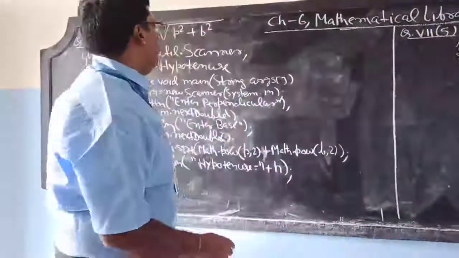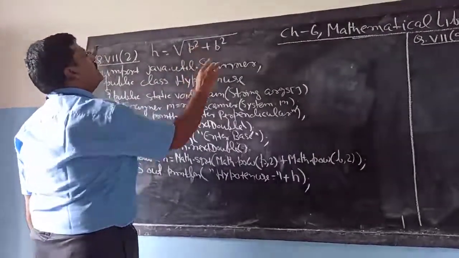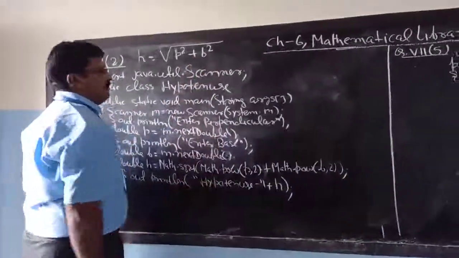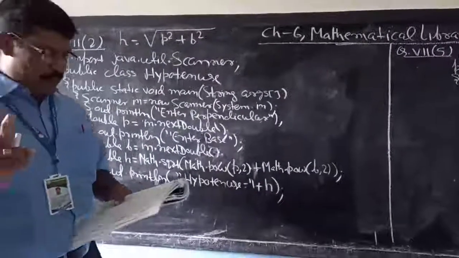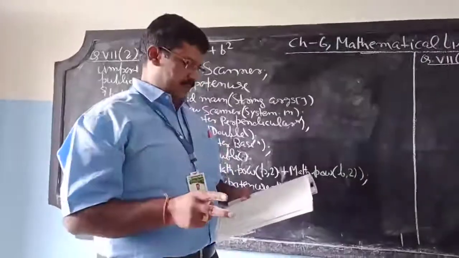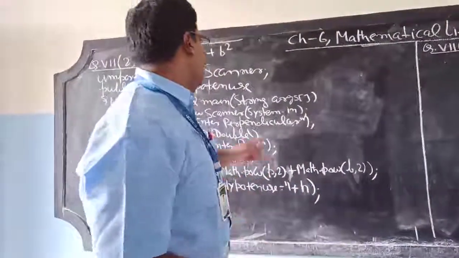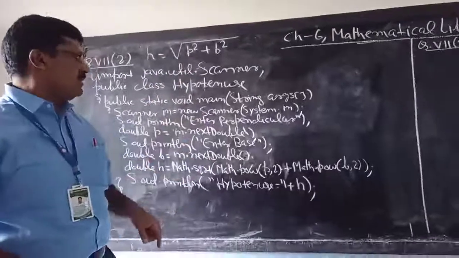The formula is given: hypotenuse equals square root over p square plus b square, where p is the perpendicular and b is the base. So the question is clear. We have to input the perpendicular and base, and calculate the hypotenuse by the given formula h equals square root over p square plus b square.